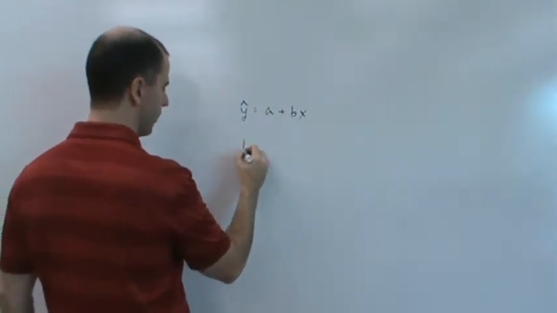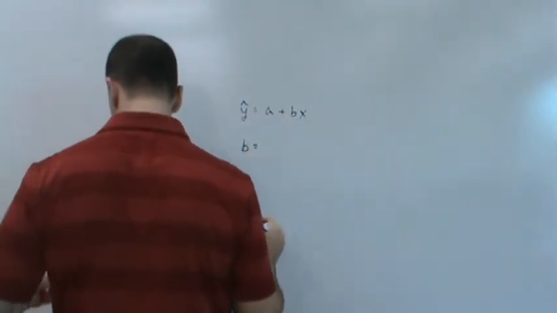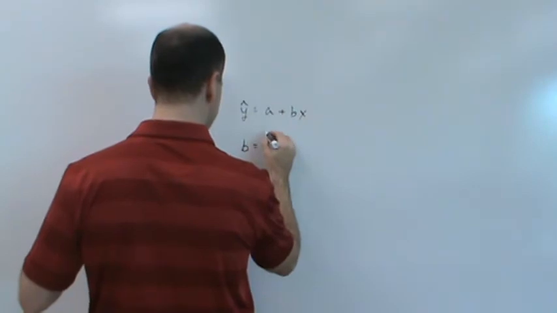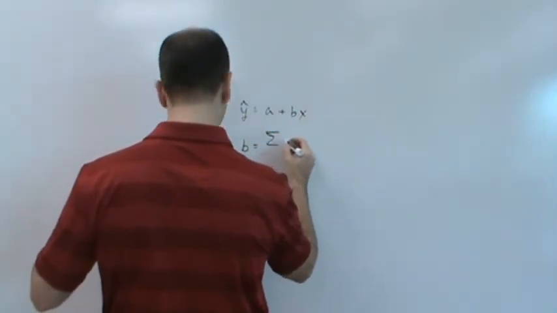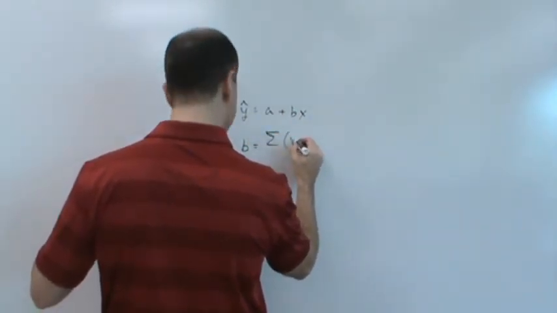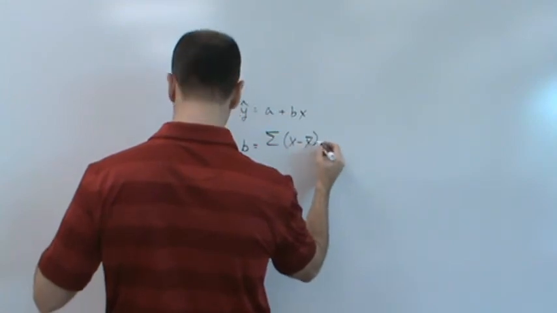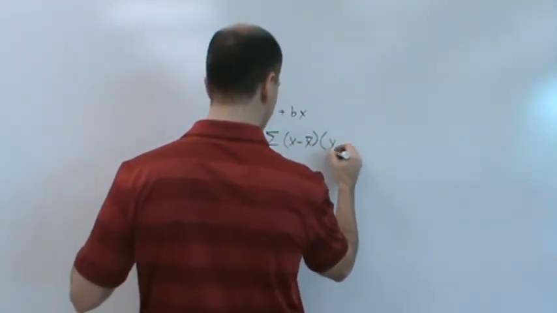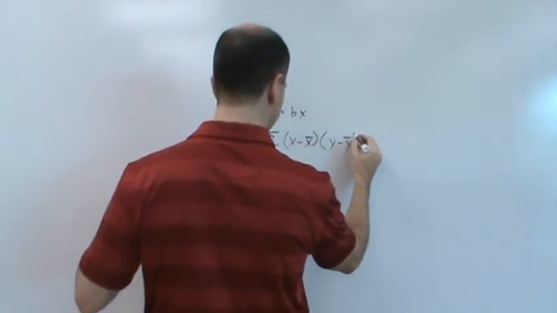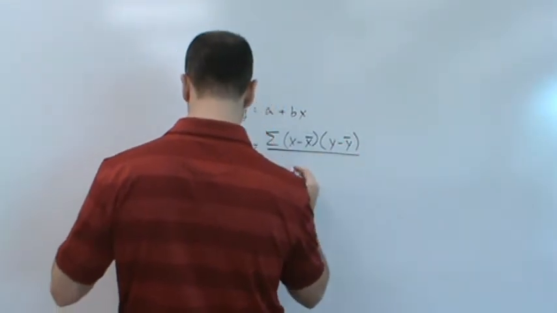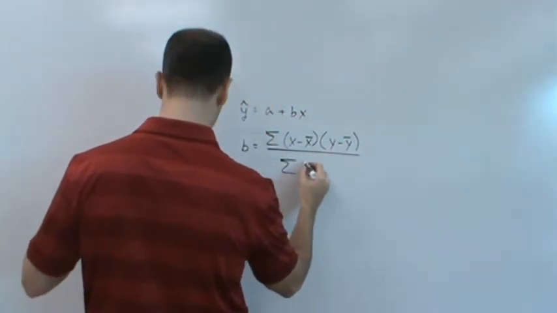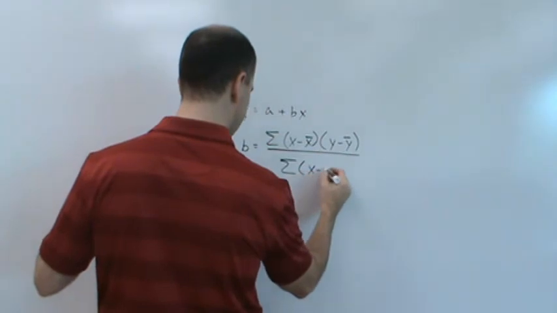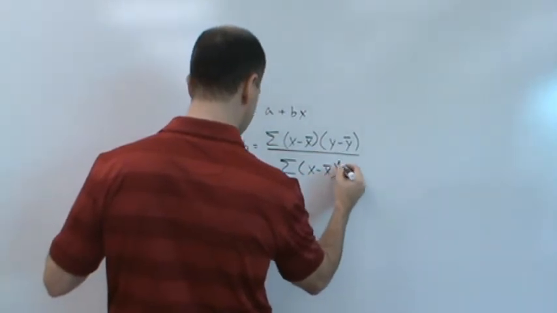So now to calculate the slope, here is the formula. It's going to be the sum of x minus x bar times y minus y bar, divided by the sum of x minus x bar squared.